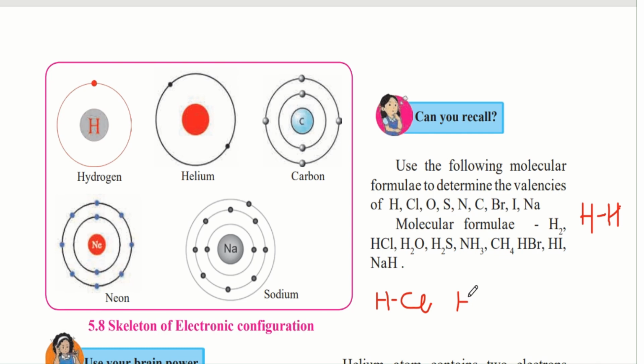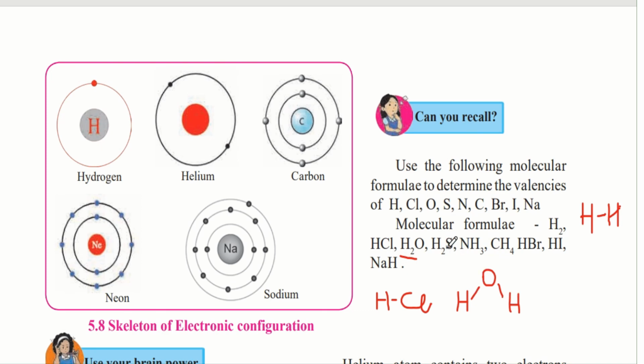Here hydrogen, we know, has one valency. So it has a bond with the oxygen atom, and that oxygen atom has a bond with another hydrogen atom, because there are 2 hydrogen atoms. Therefore, we find that hydrogen has one valency but oxygen has 2 valencies because it can form a bond with 2 atoms.